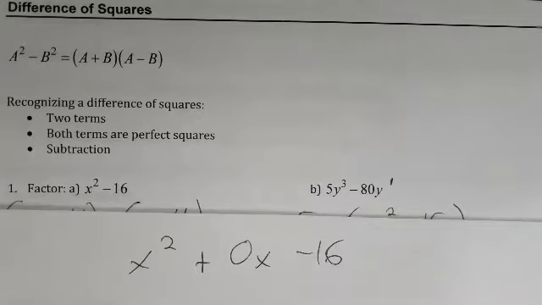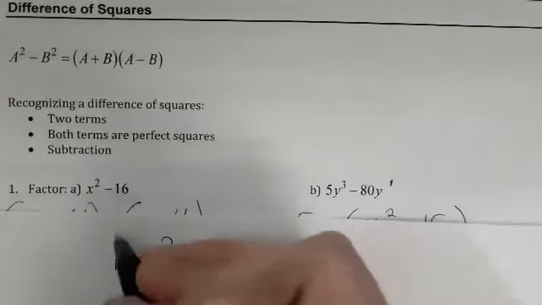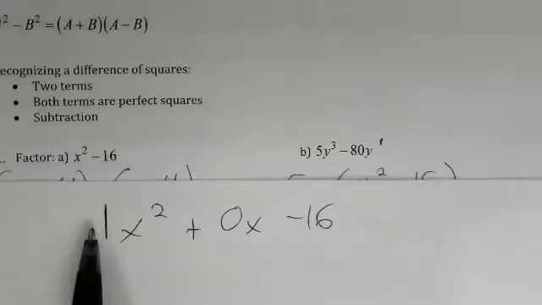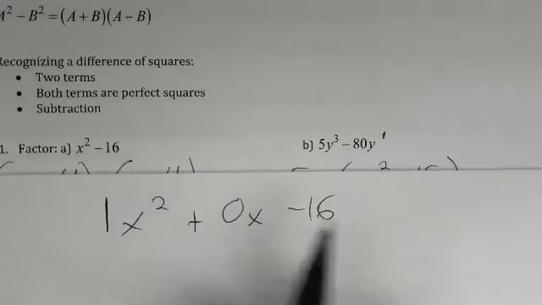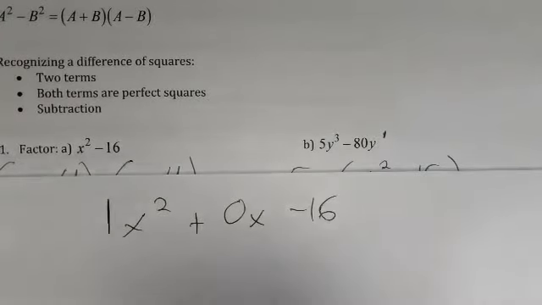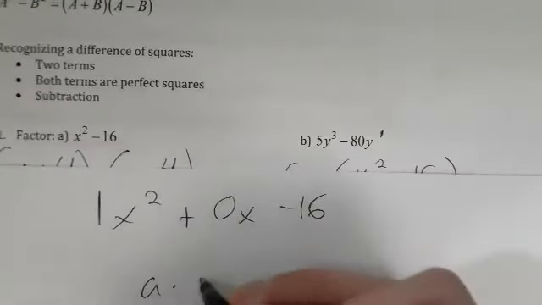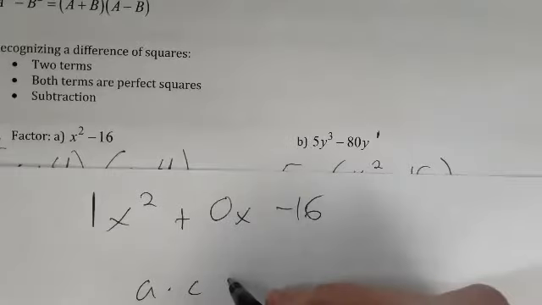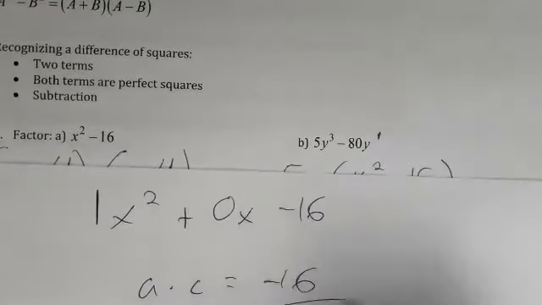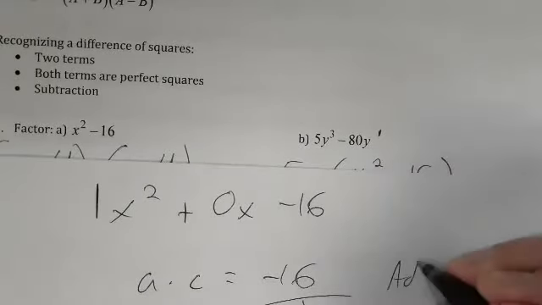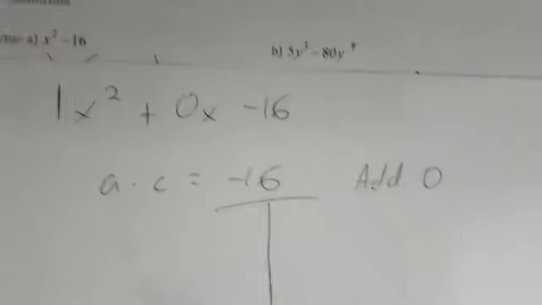It's still not making a difference. But now I have this thing in standard form, so I can do the AC method on this. I want something that multiplies to AC, minus 16, and adds to B, which is 0.